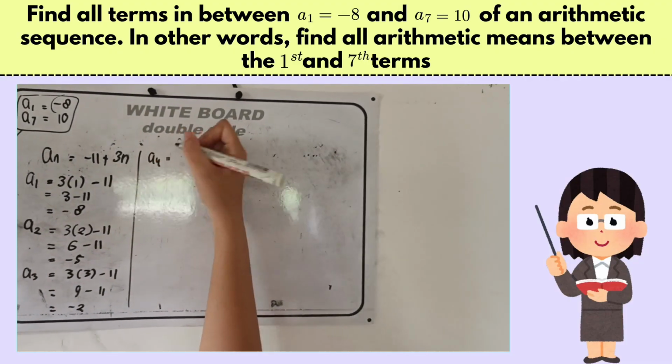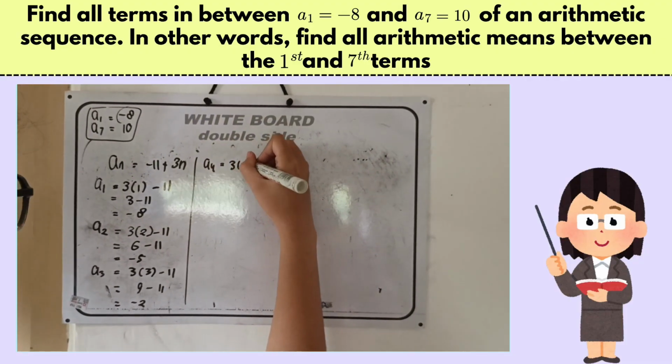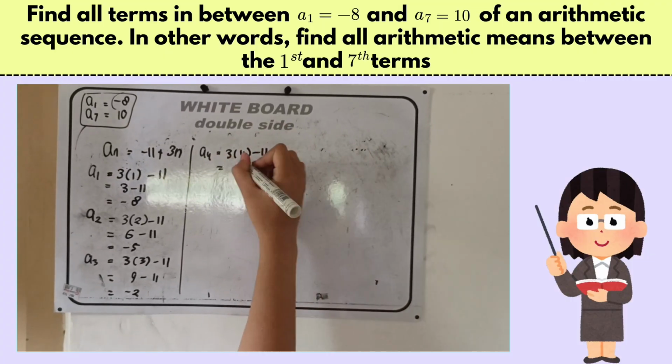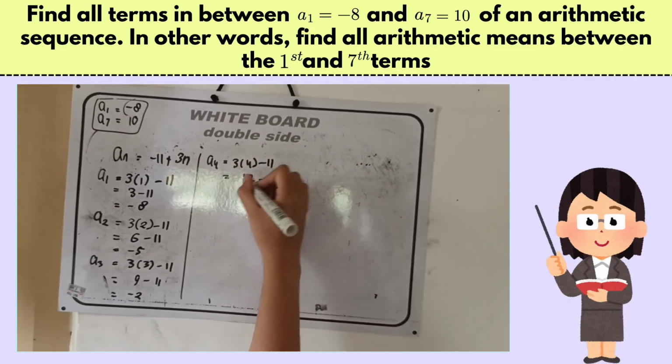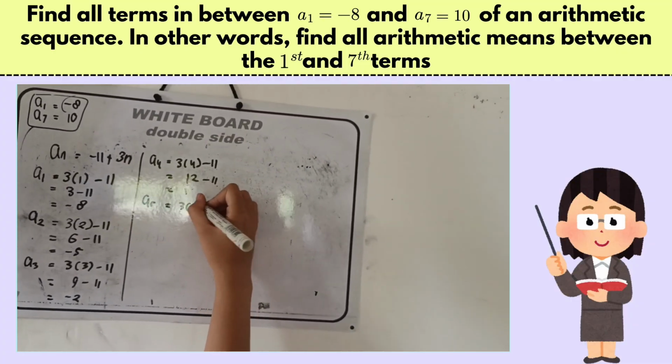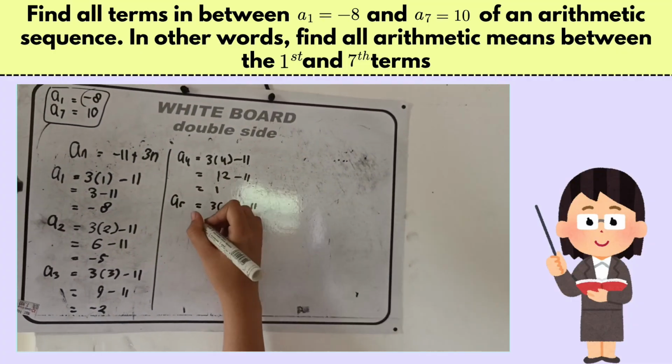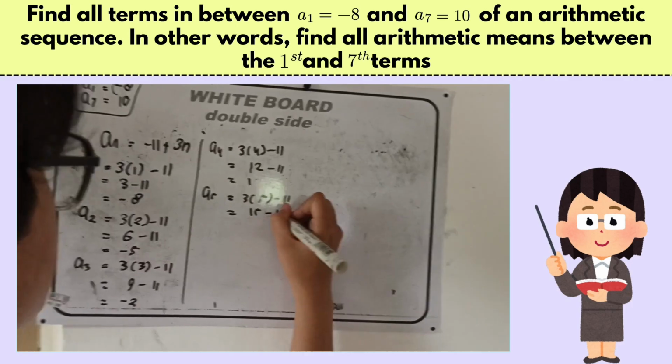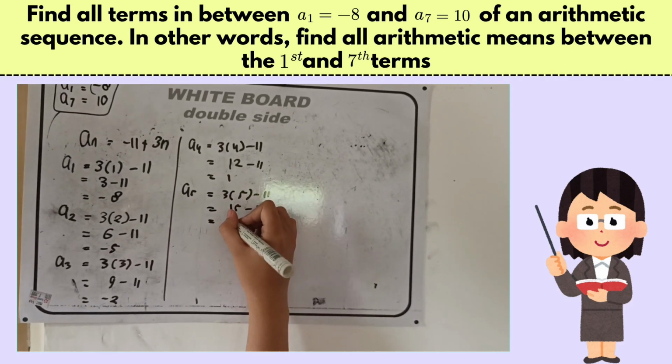a sub 4, 3 multiplied by 4 minus 11, 12 minus 11 is 1. a sub 5 is 3 multiplied by 5 minus 11, so we get 15 minus 11 is 4.